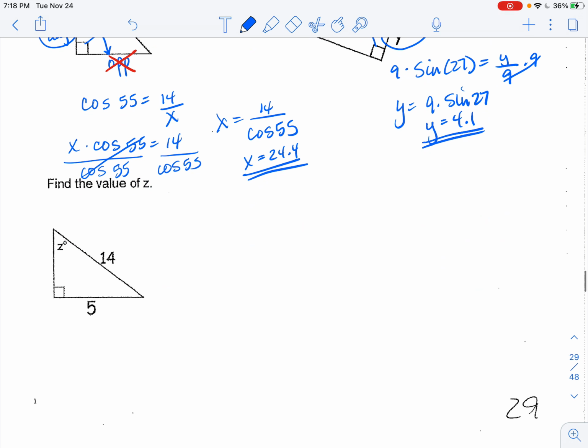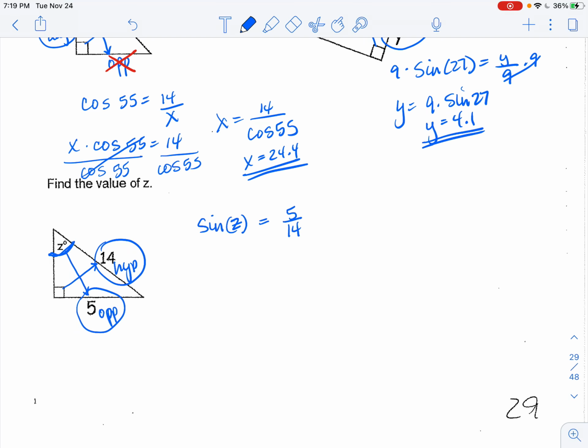All right, one last problem. It says find the value of z. This time that's the angle. All right, so from this angle, go across, identify your opposite, go across the box. This is your hypotenuse. So we know we're working with sine because that's the ratio of the opposite over hypotenuse. So sine of the angle is equal to opposite over hypotenuse.